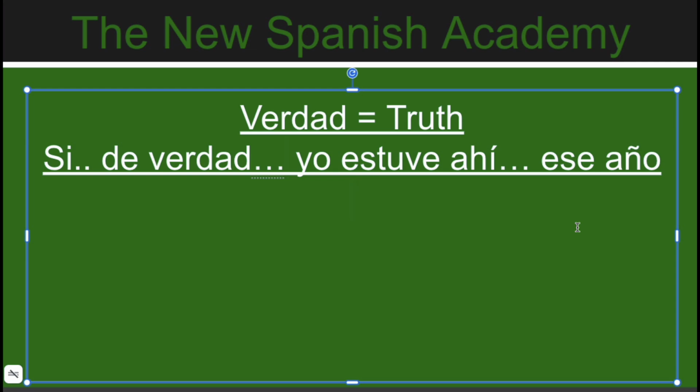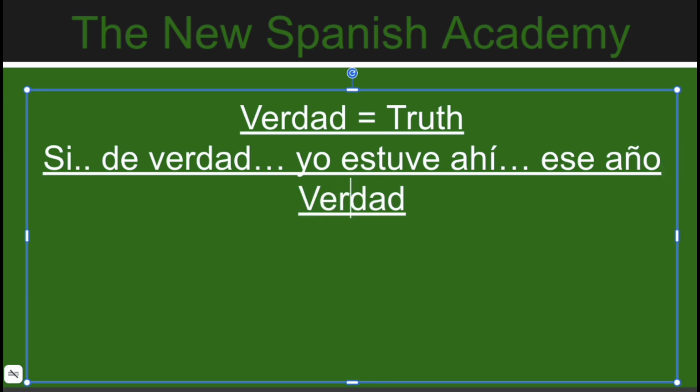and since you know the word verdad, you see, by chance I wrote daddy like this, all right, which is actually good for you to remember. Remember daddy and remember ver, which means to see in Spanish.